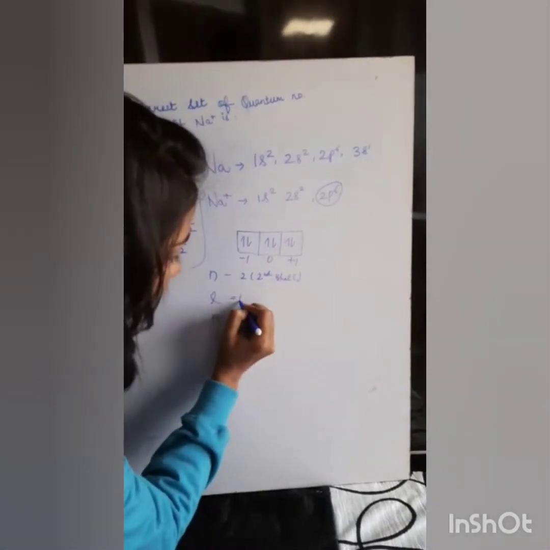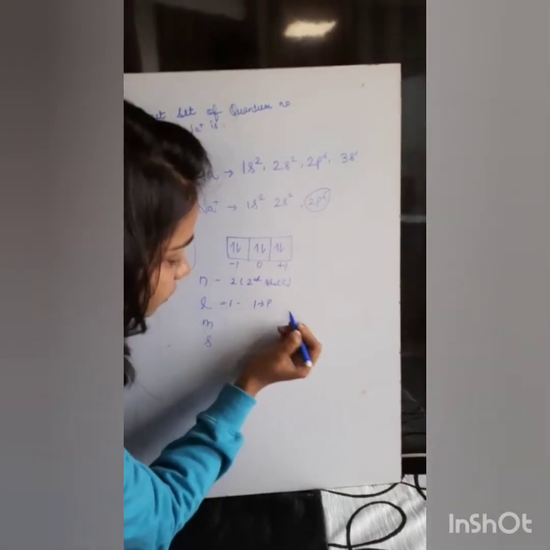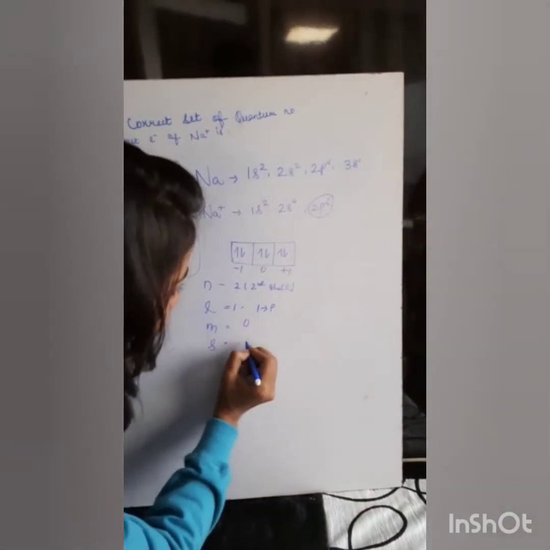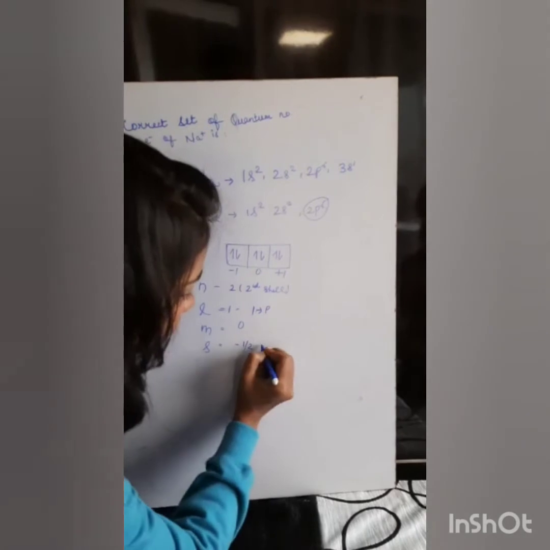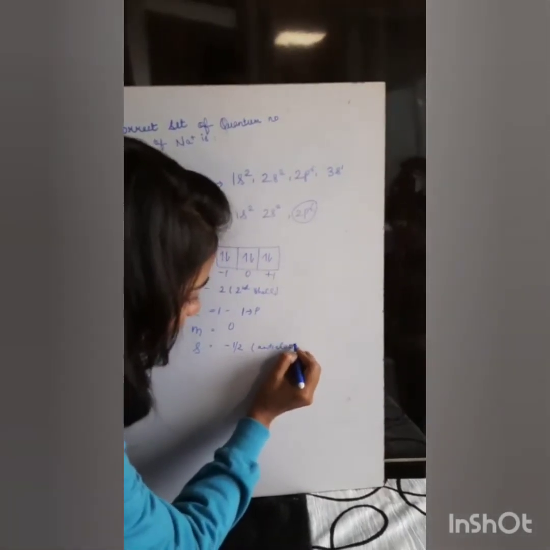L is equal to 1 because it is 1 for P and 0 for S. M is equal to 0 and S is equal to minus 1 by 2 because it is in anti-clockwise direction.